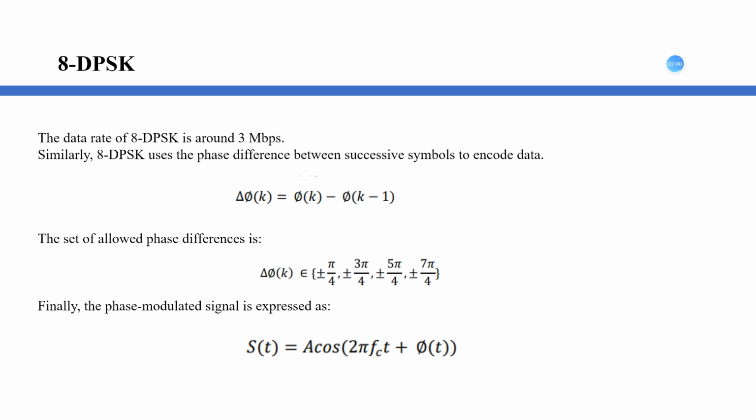To ensure that the phase values remain within the range 0 to 2 pi, a modulo 2 pi operation is applied. 8DPSK allows each symbol to transmit more information, but demands better channel conditions and a higher signal-to-noise ratio.